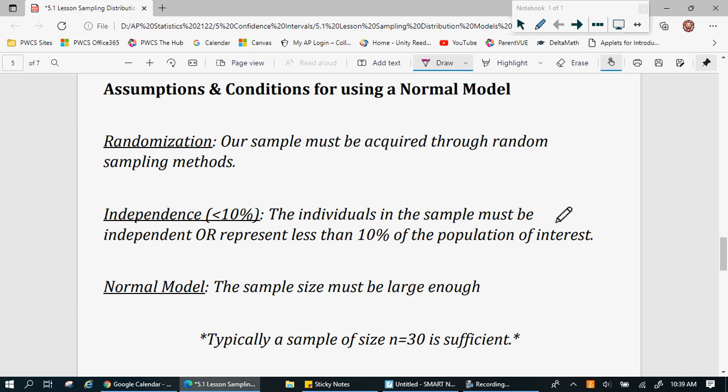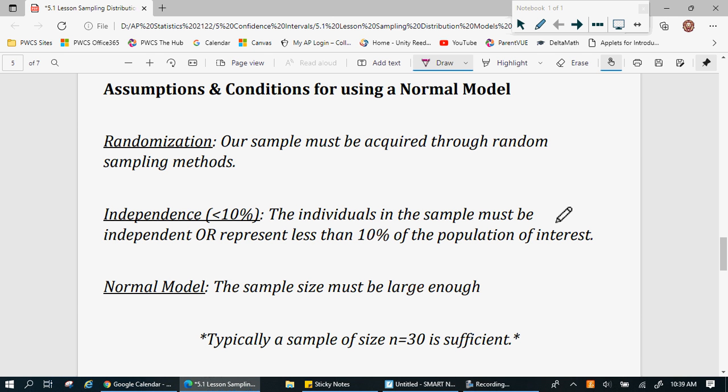And then when we had proportions, we needed to establish we could use a normal model by checking n times p and n times q. Well, we don't have p's or q's when we're talking about means because we're not talking about proportions. What we need to do is establish that our sample size is large enough. Typically, a sample size of 30 or more is good. The smaller your sample size, the more important it is that your sample is actually symmetric.